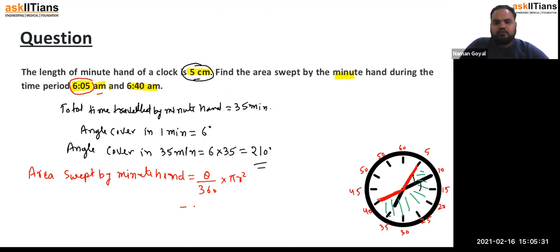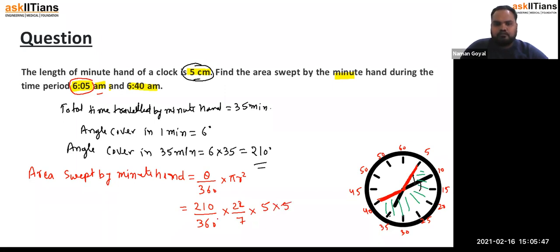See, theta is 210, upon 360, into pi which is 22 upon 7, into 5 into 5.